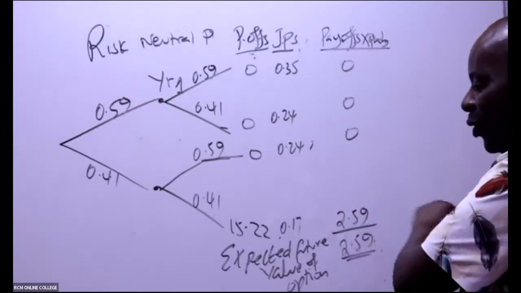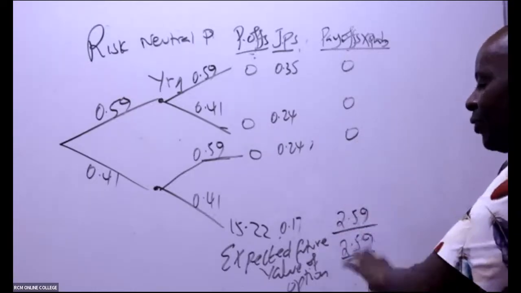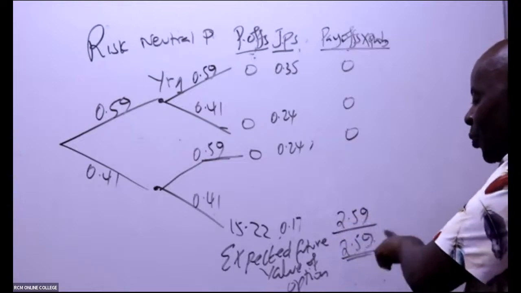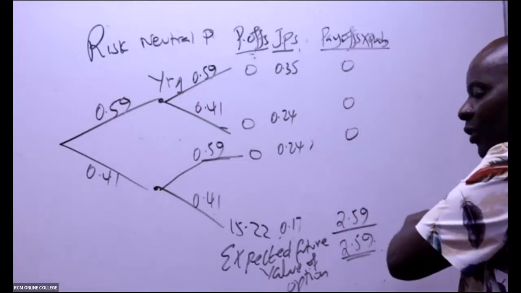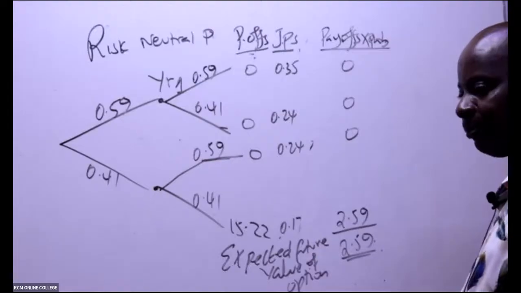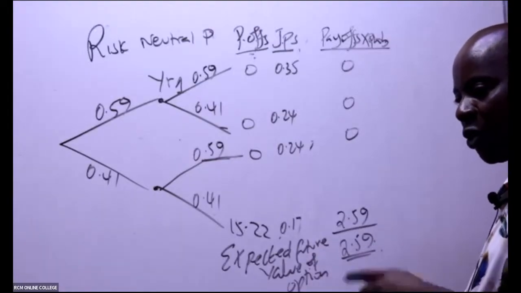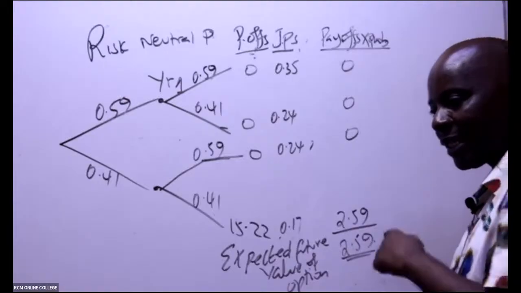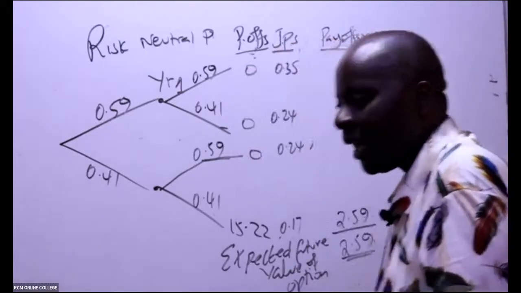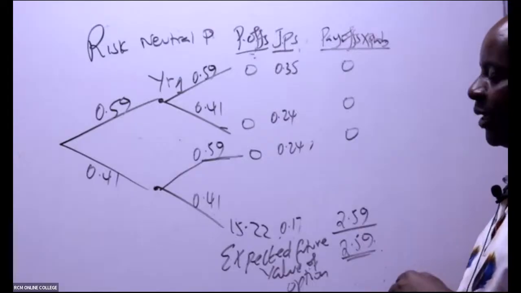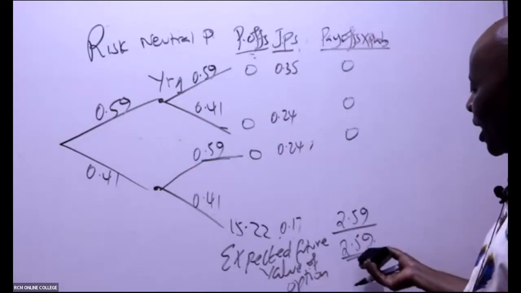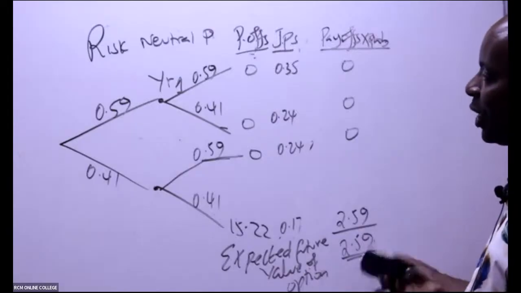What shall I do with this figure to make it present value? We need to discount it, with the risk-free rate. So the last step, you discount this at the risk-free rate.